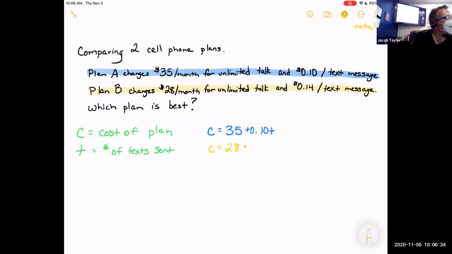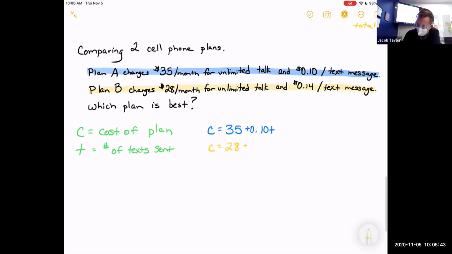Can you throw this at her? Very good, fake Julian. 0.14T. Your math is excellent. Your ability to follow directions leaves something to be desired.